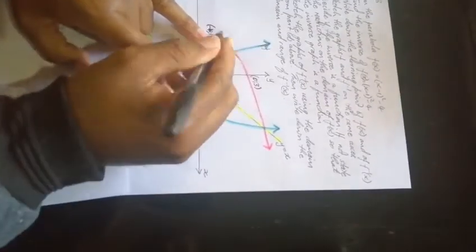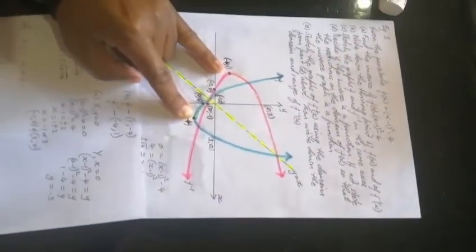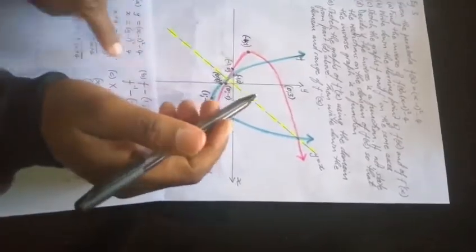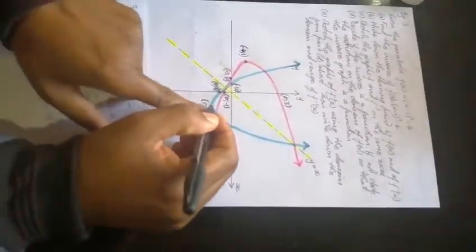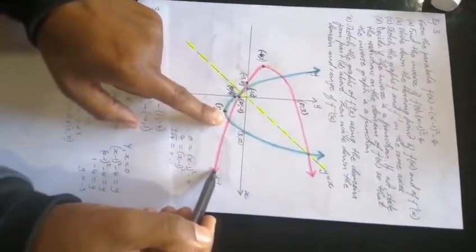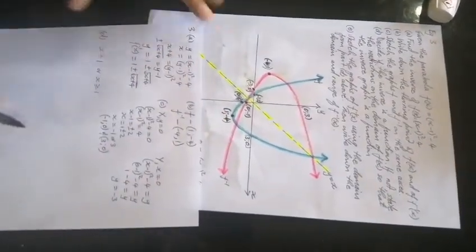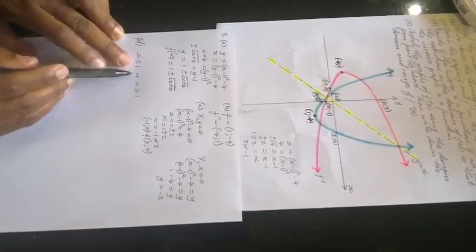Which means this here from here to there is now a function because it passes the vertical line test as well. And if we are considering this portion, it goes along with this portion and it also becomes a function. That is why we said our restriction for the domain should be x less or equal to 1 or x greater or equal to 1.